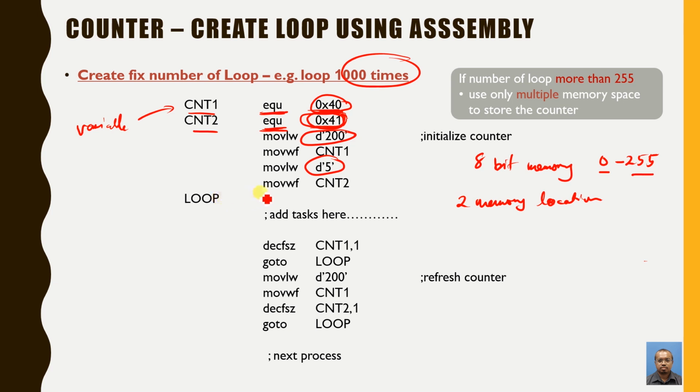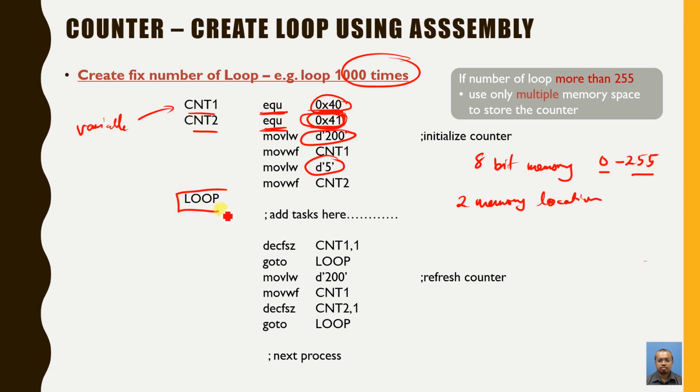And then you decrease count 1 up to 200 times, and then decrease count 2 once, and then reload count 1 200 times again, and let it loop. It's actually shown here.